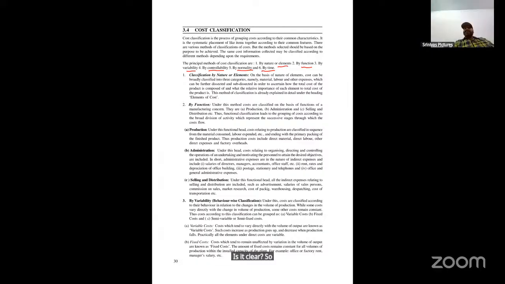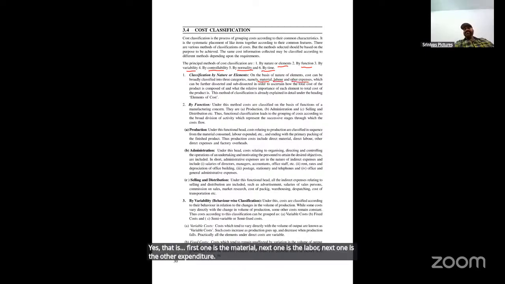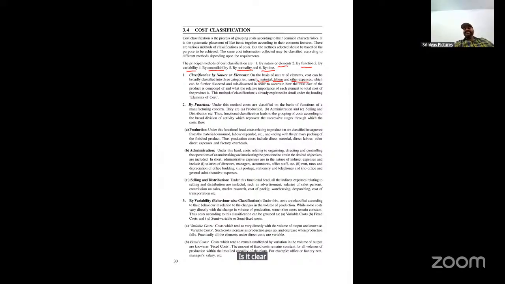So first is element wise. Element wise I already explained. Do you remember the elements of cost? Raw material, labor, expense. First is the material, next is the labor, next is the other expenditure.